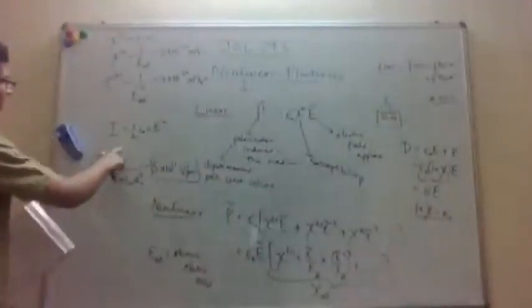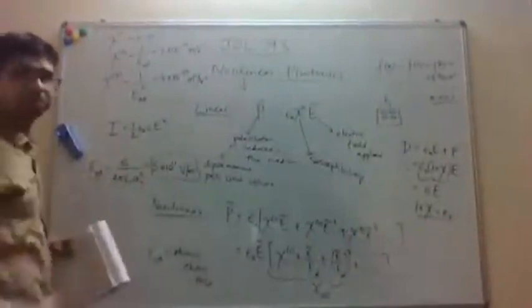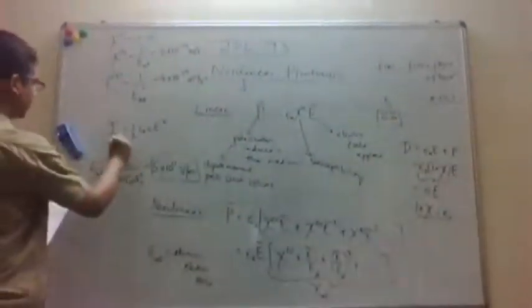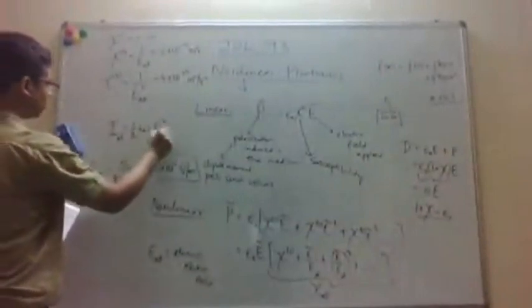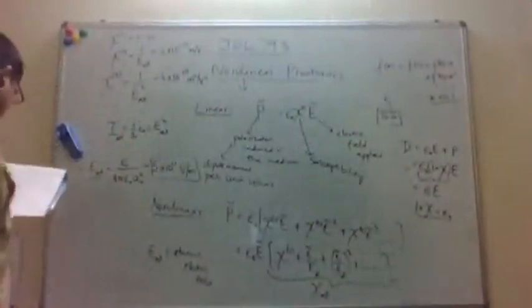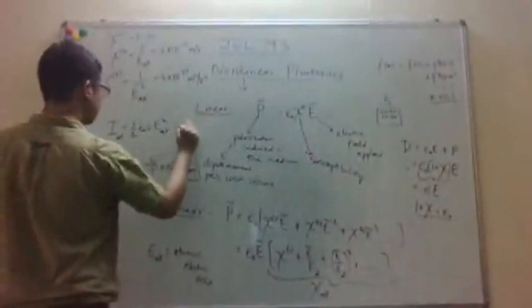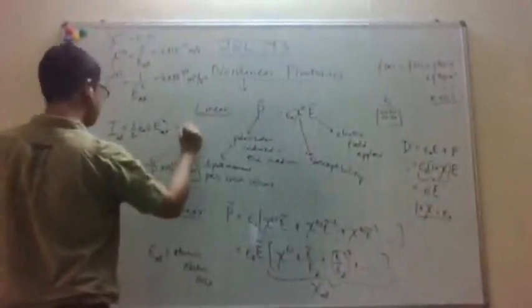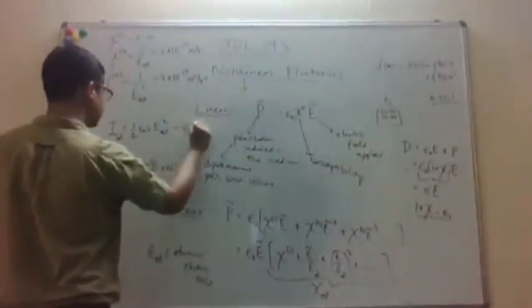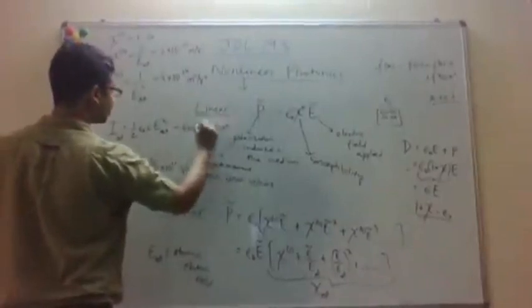Let's say I wanted an optical source which has an intensity corresponding to the electric field of the atom, E atomic. You would see that comes out to be about 10 to the 16 watt per centimeter square.